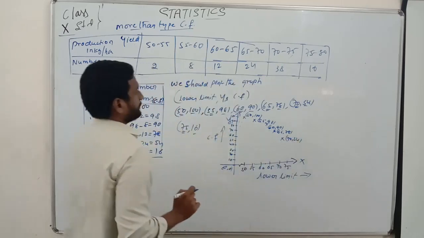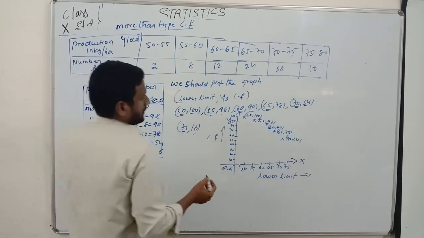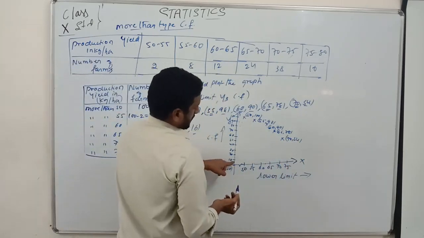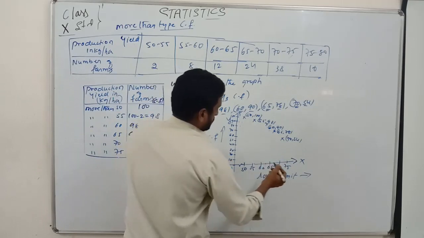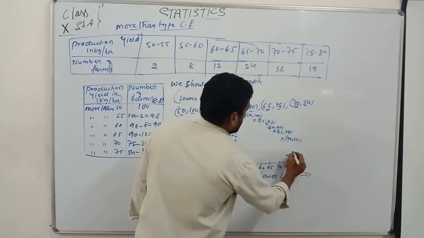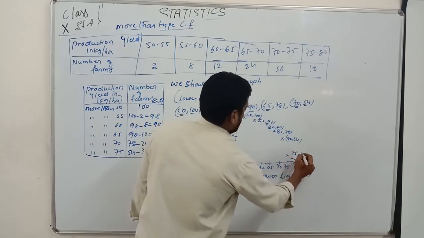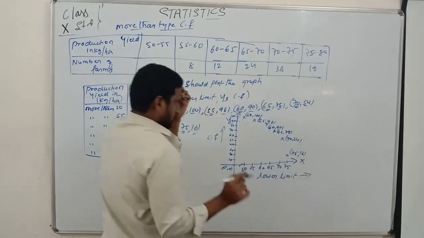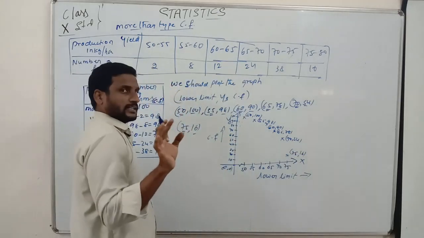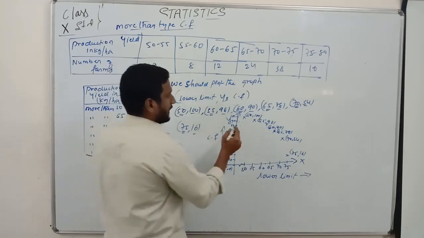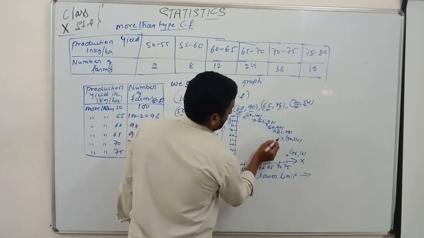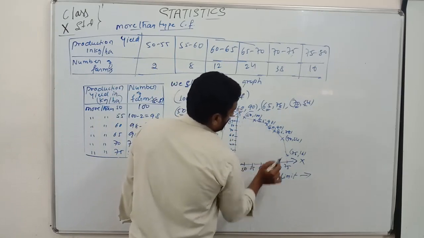Next, 75 at 16. 16 means 10 after 6 lines, so you get 75 here. That is 75 at 16. Now smoothly, freehand, don't use any ruler. Join the points freehand like this.